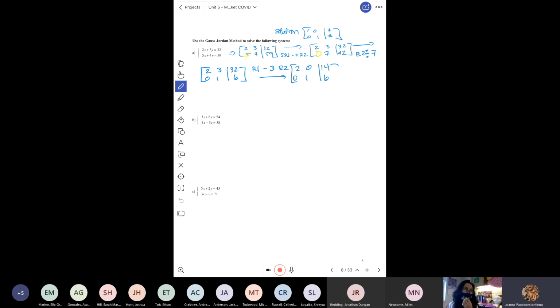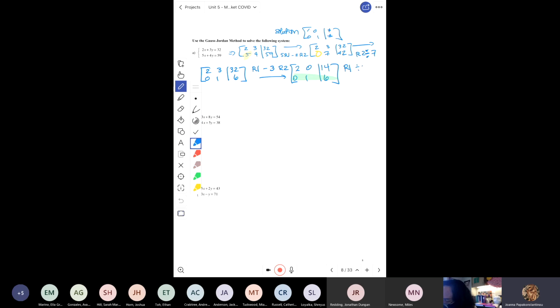And again, these operations are not unique at all. Some people would have wanted to get that one where the 2 is and divide everything by 2. But then you have fractions. Some people don't like fractions. There's lots of ways to do these. Now what's next? I know my y. What do I need to do still?